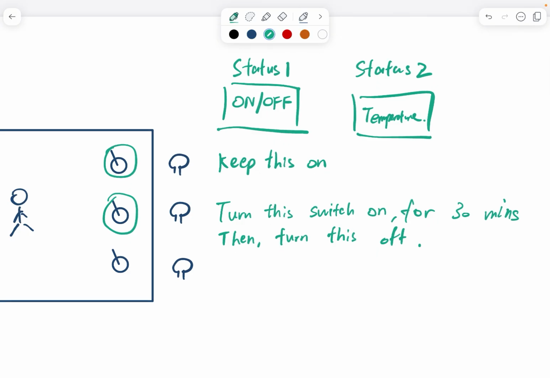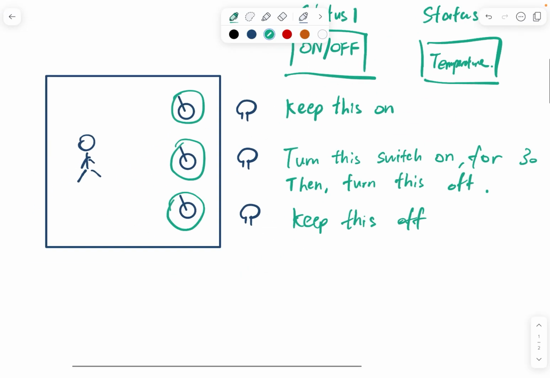Third switch, you're gonna keep this off all the time. So this is what we're gonna do for the third switch. So here's the solution to the problem.